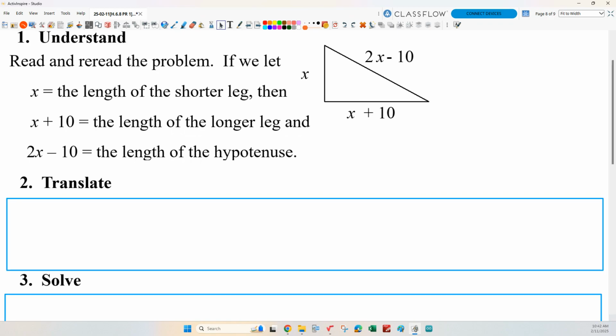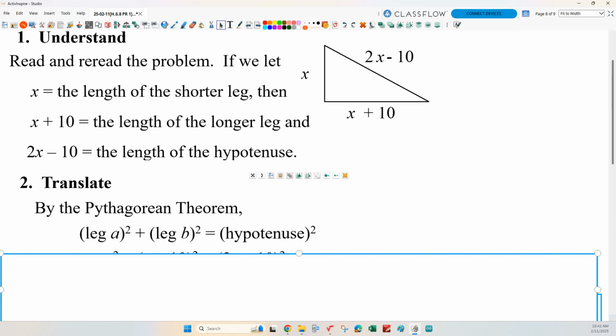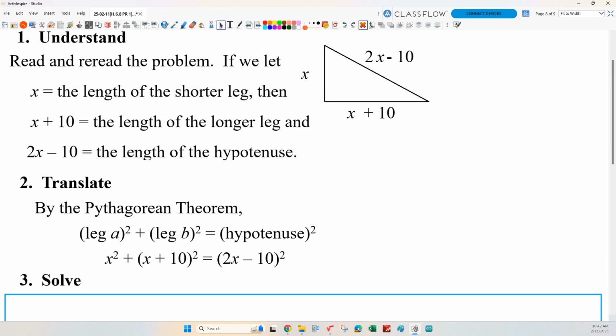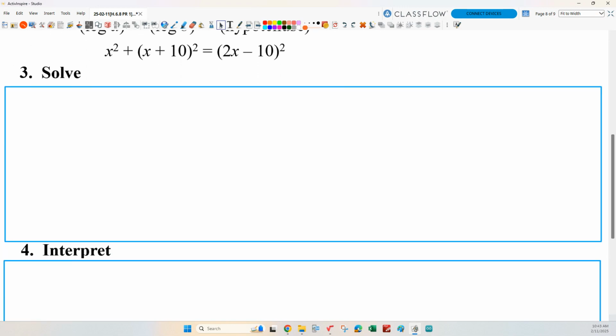Yeah, okay, we'll just apply the Pythagorean theorem, won't we? Right? So leg squared plus leg squared equals hypotenuse squared. So the short leg squared plus the long leg squared equals the hypotenuse squared. Okay, that's an equation with variables in it. We can shift into math mode and solve. What do I have to do to solve?